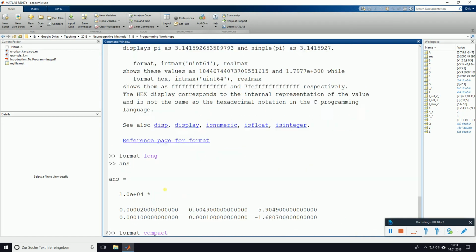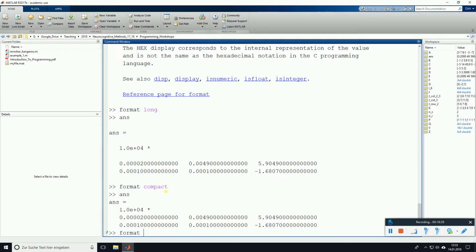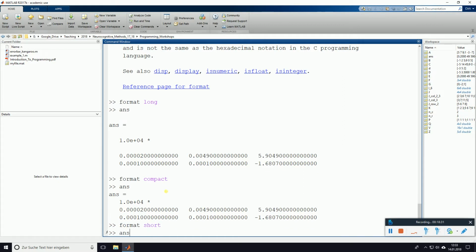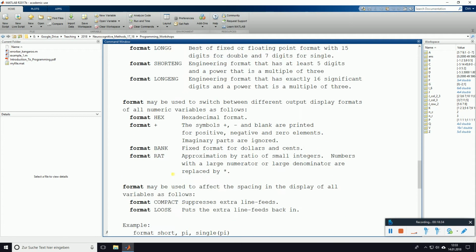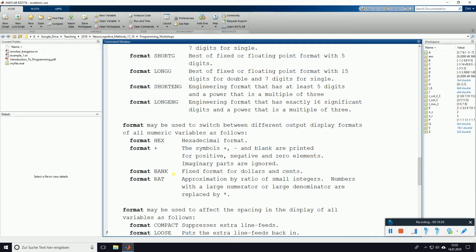Nothing is working. I'm going to go away from this engineering.